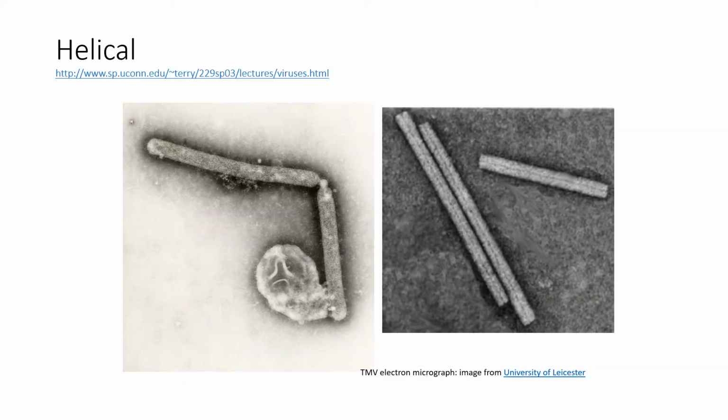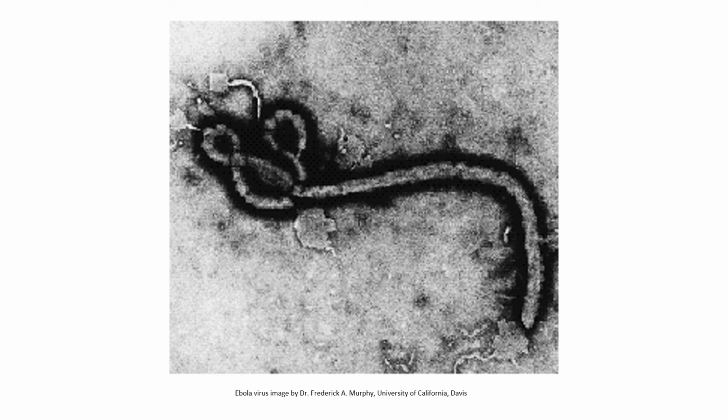All right, so this is just helical. Again, tobacco mosaic virus. However, there can be some helical viruses that do attack human beings, and like for instance, Ebola is considered to be a helical virus. I believe that's an electron micrograph of Ebola. You see here, Ebola virus.